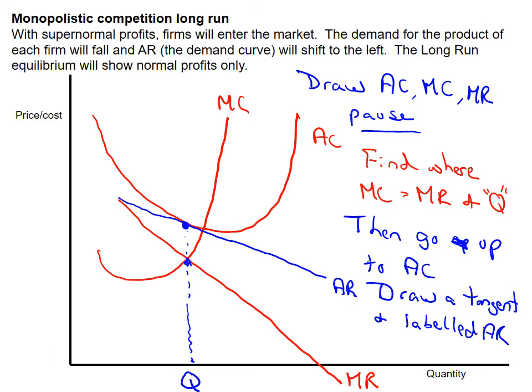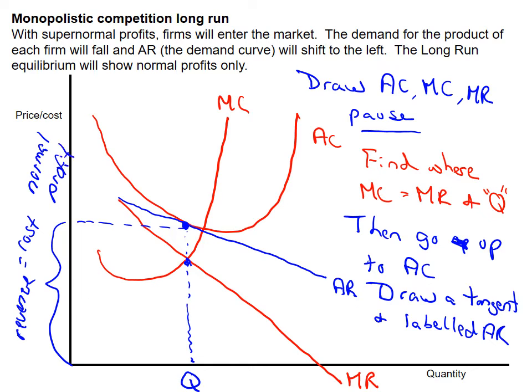And so at this point, we've got revenue now equals costs, and so we have no profit only in the long run.